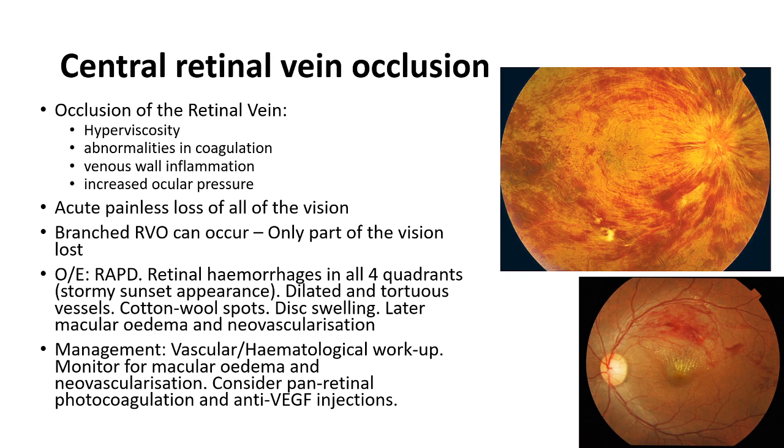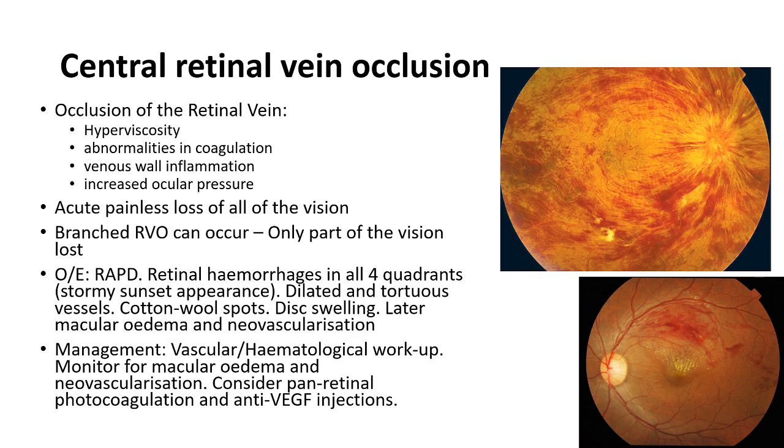The patient will present with acute, painless loss of all the vision. Only a branch of the retinal vein may be affected, and this will cause only part of the vision to be lost, similar to the branch retinal artery being affected in retinal artery occlusion.